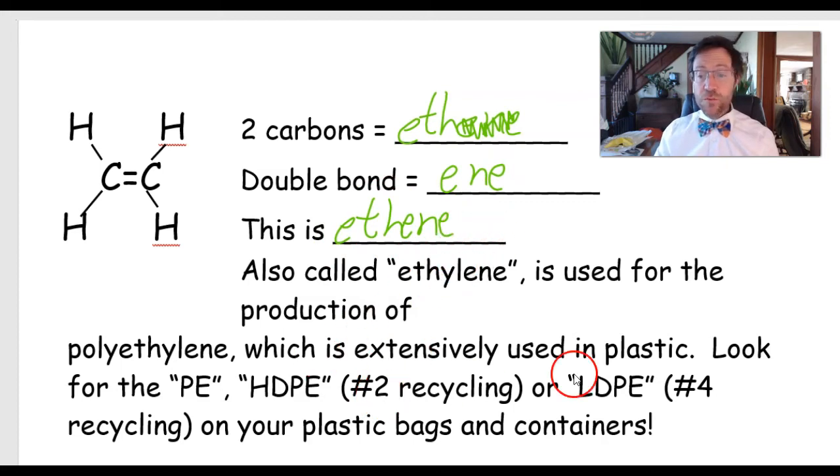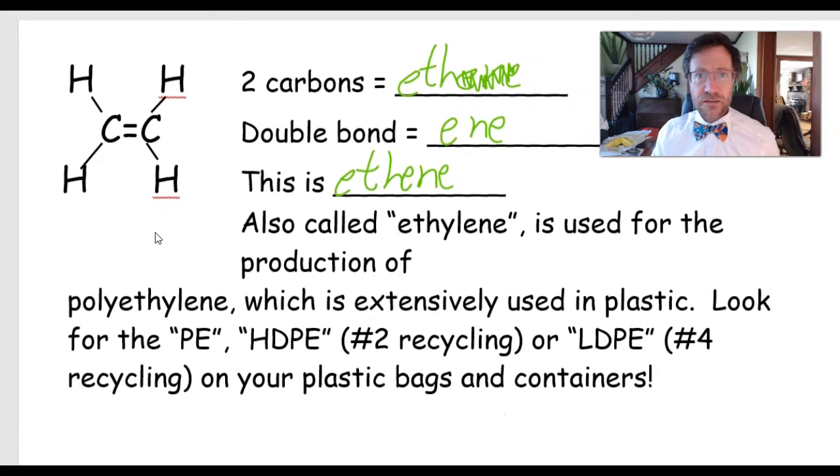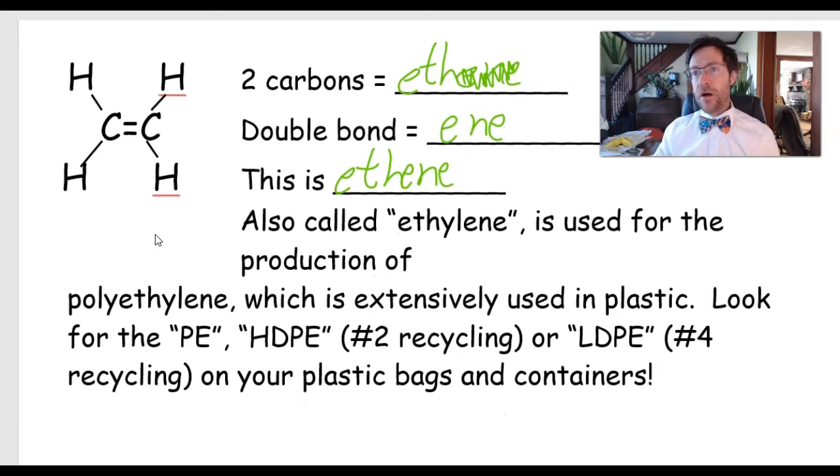Your number 2 plastics or your number 4 plastics. They're made with some of this stuff. And they're all stuck together and stuck together and stuck together, and that's how we make a plastic. It's like a polymer, a big web of molecules all stuck together like spaghetti. You know what I mean? And then bam, you got yourself plastic. You put milk in it and orange juice and stuff.